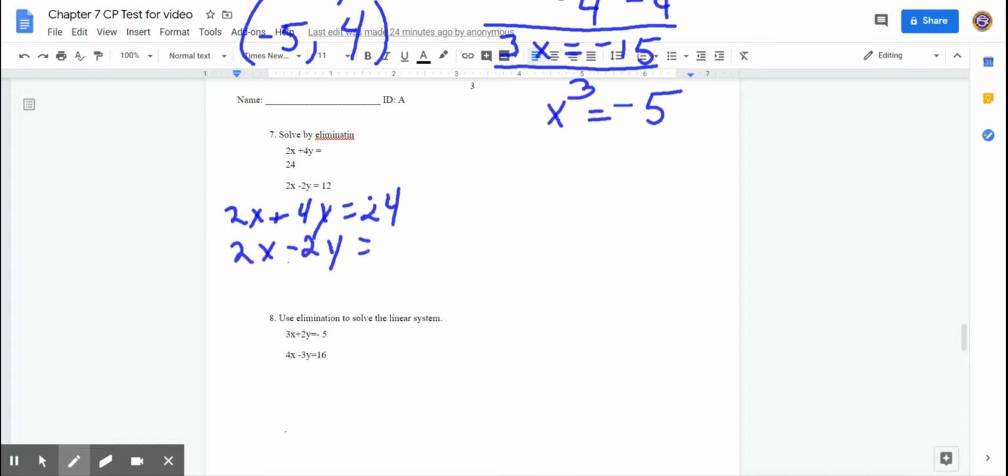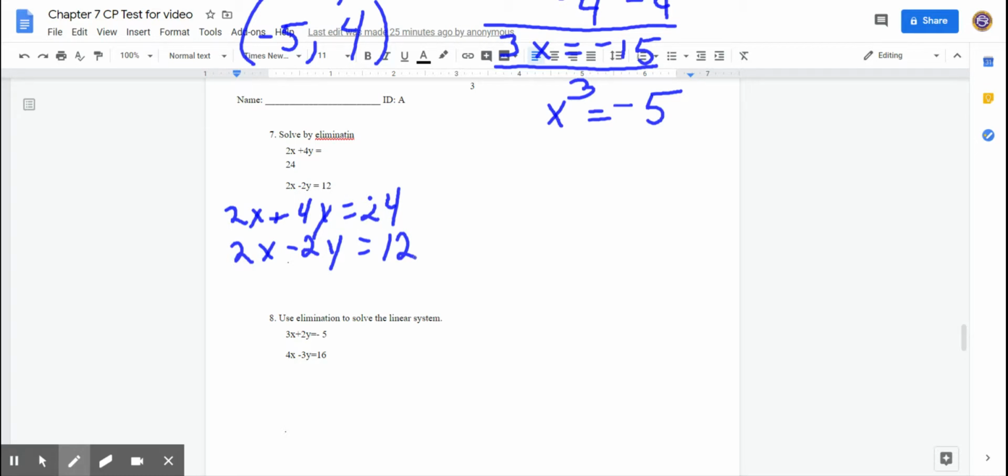All right, so I can look at my x's and see if I add them, will they disappear? 2 and 2 gives me 4. But if one of them was negative 2, then my x's would cancel.